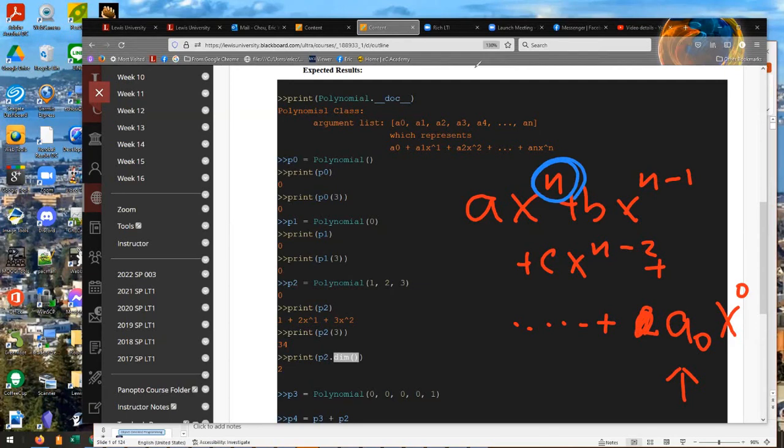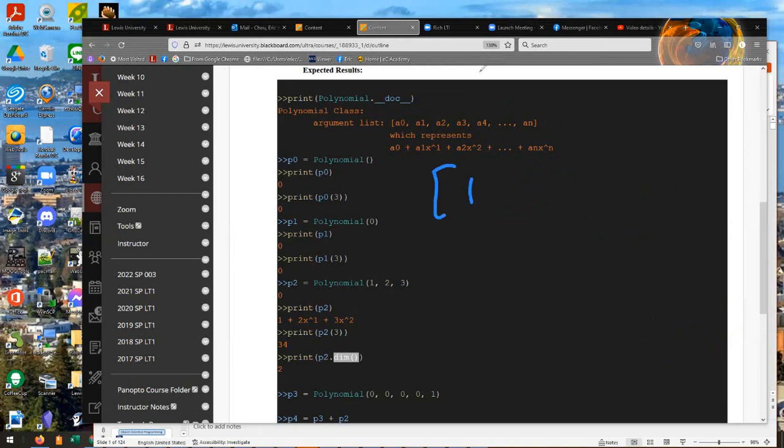Here you have the so-called coefficient list. Say the coefficient list is 1, 2, 1. This really means x squared, x and 1.